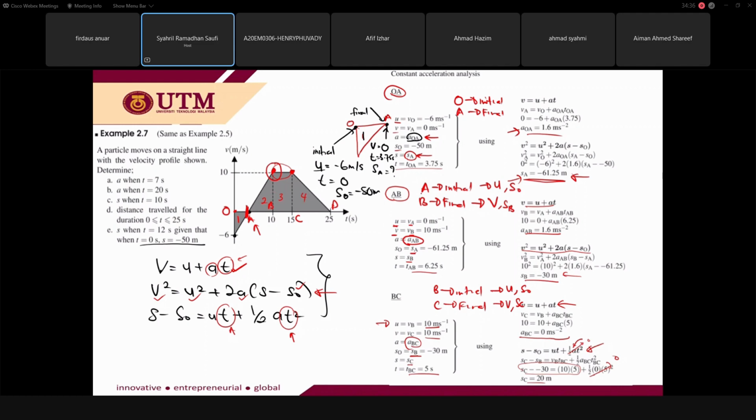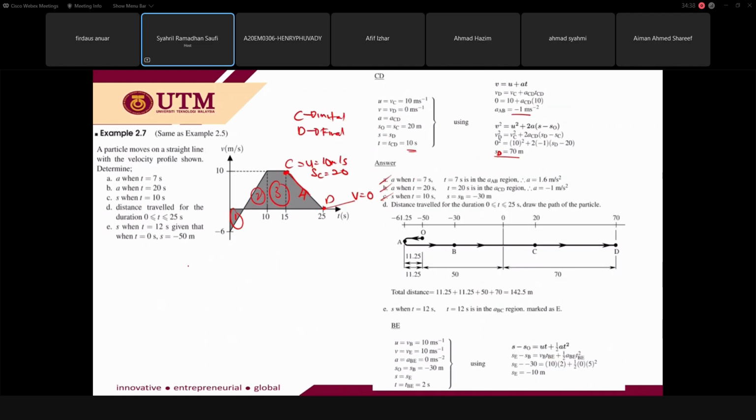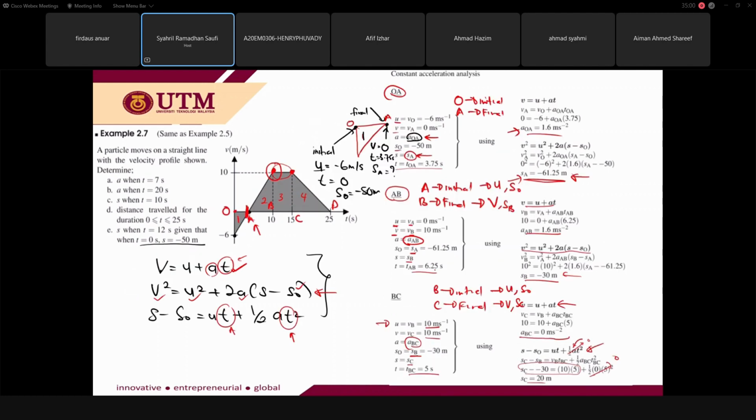So at time equal to 0, your S0 is equal to negative 50 meters. At t equal to 3.75 seconds, your SA is equal to negative 61.25.